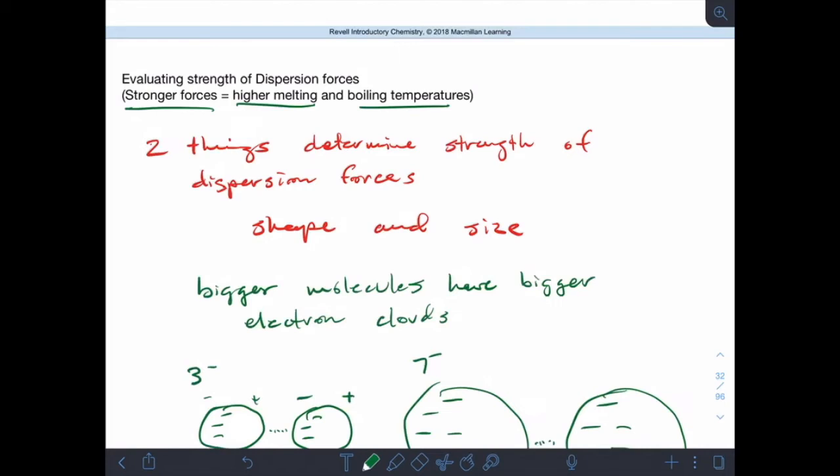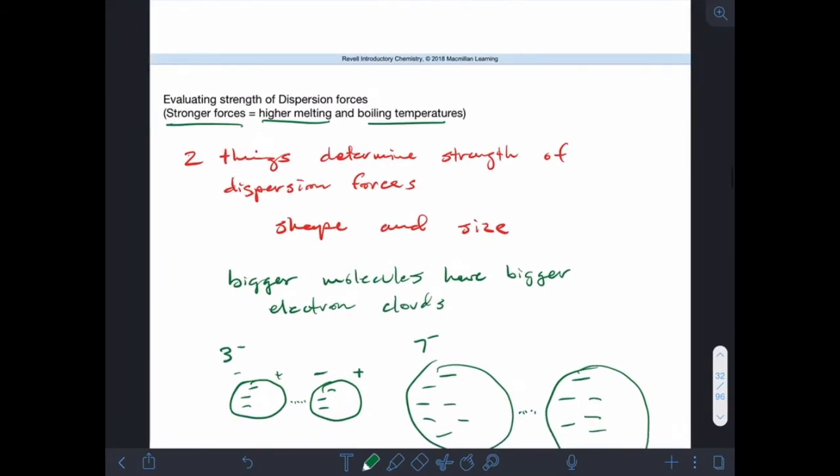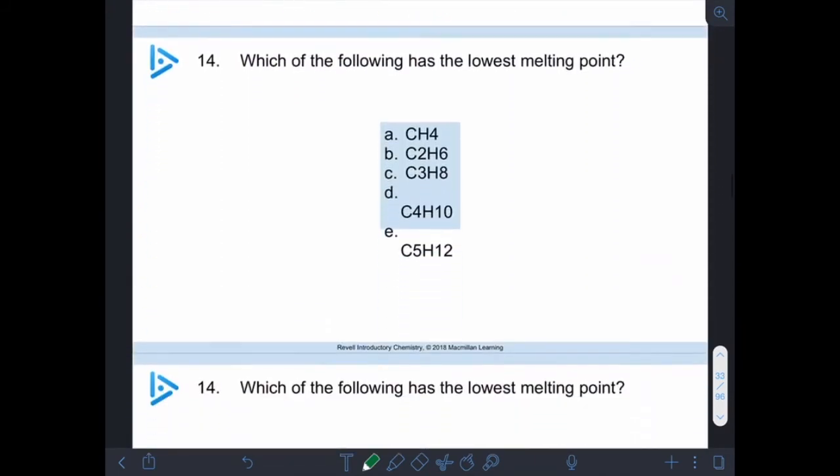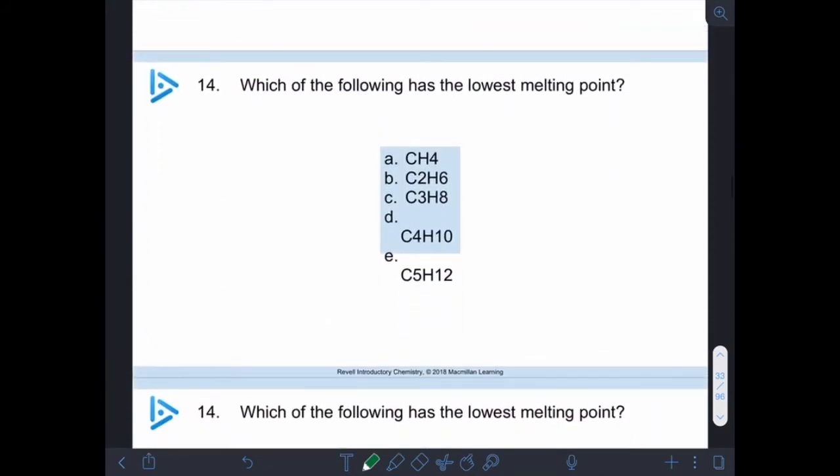Okay? So if the forces are strong, that means that you have to put a lot of energy in order to break those forces, right? A lot of energy means that you have to raise that temperature up higher, right? Cook things on the stove longer, so to speak, okay? So on that subject, let's look at what we have here.